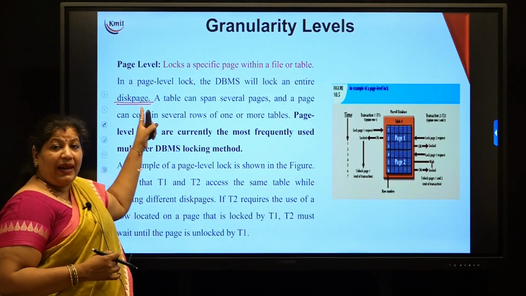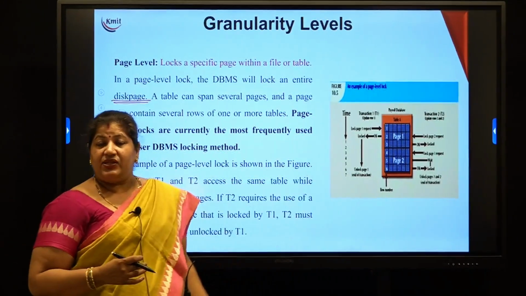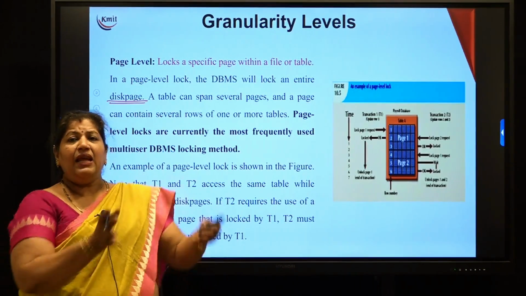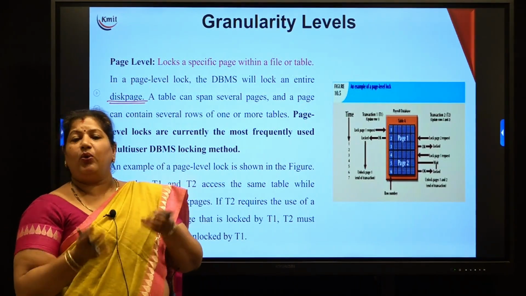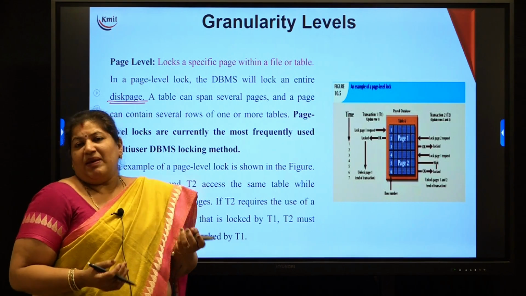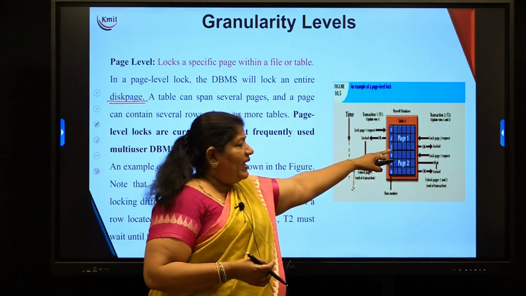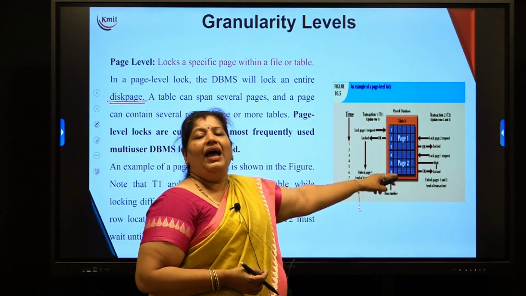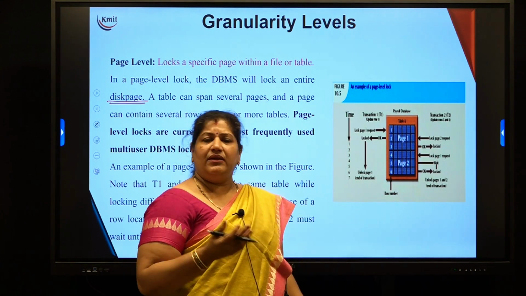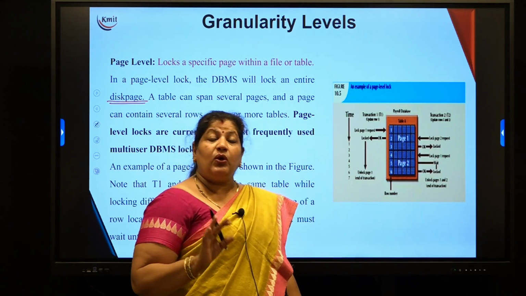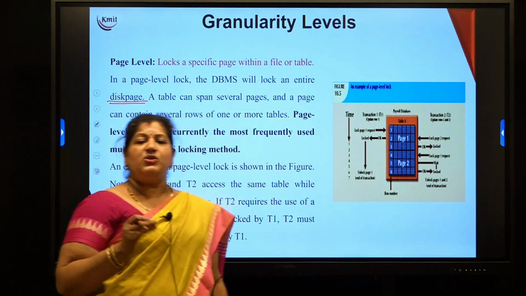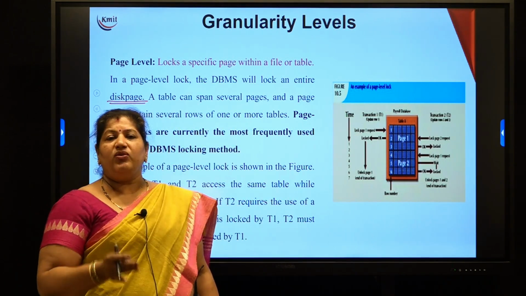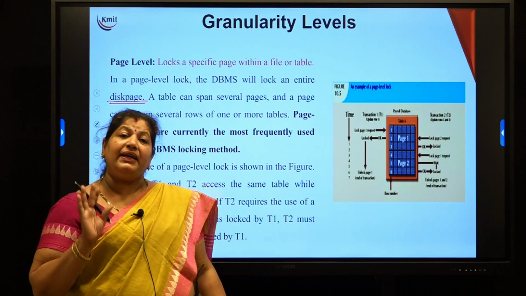So, I apply the lock to the entire page, and a page may contain several rows from one or more tables. It may so happen that you have two rows of the previous table and the remaining 10 rows of the next table, anything like this. So, it is possible that a page may contain multiple rows from one table or from multiple tables.